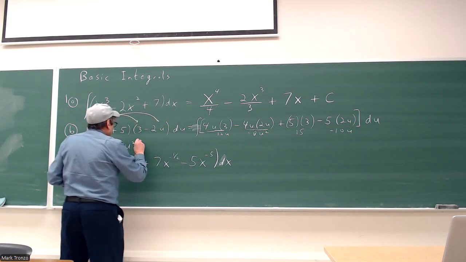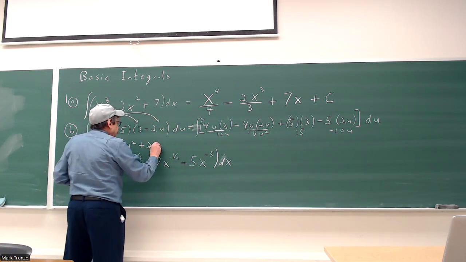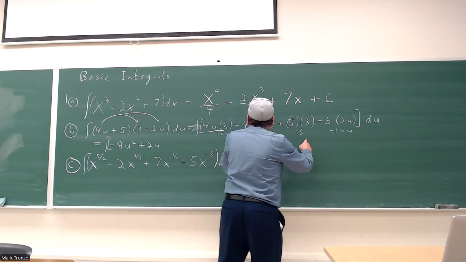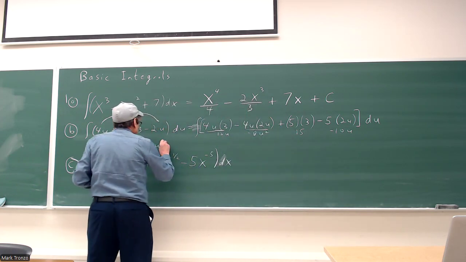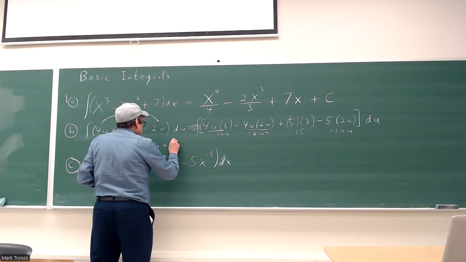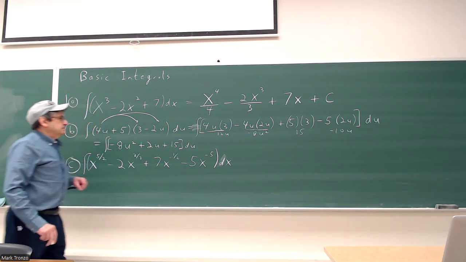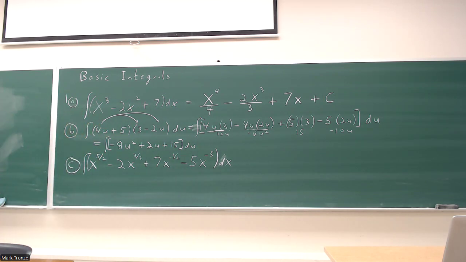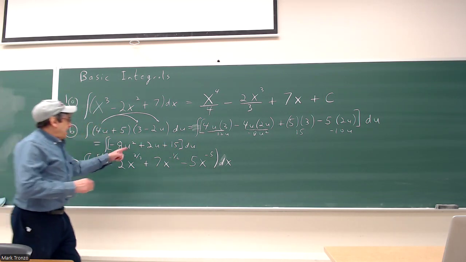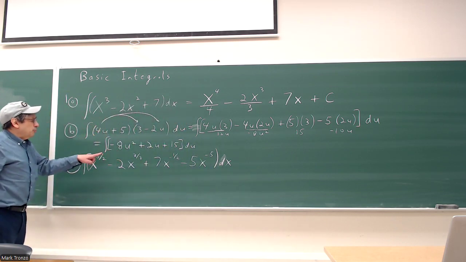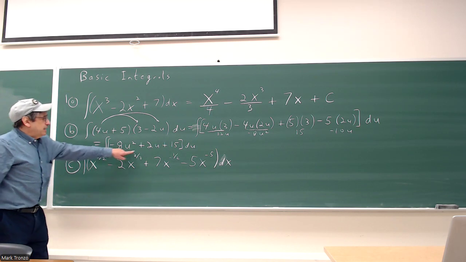That'd be plus 2u and plus 15. And then integrate this. So again, once we got rid of the product, we can now integrate this.